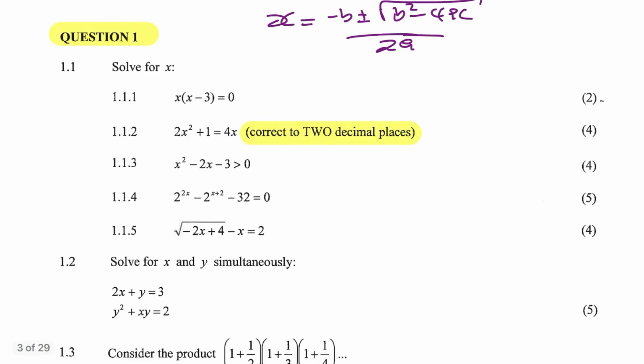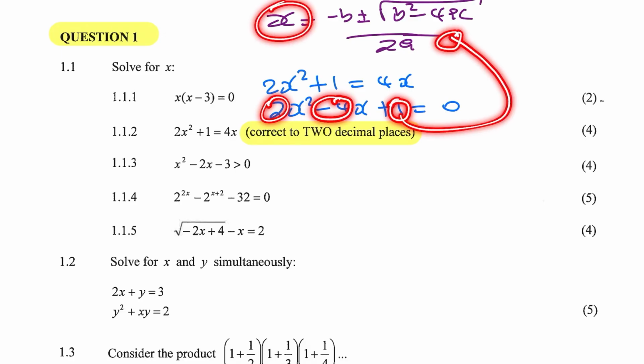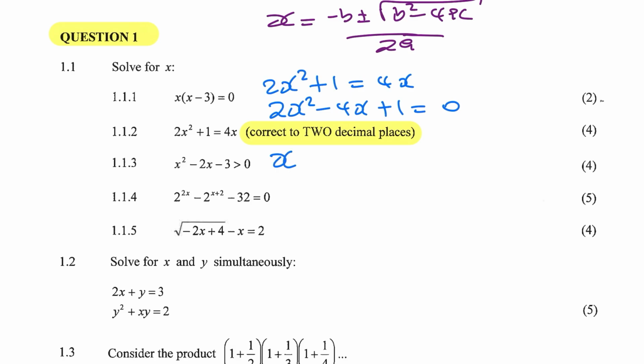Okay, that's what you're going to be using. And how do we do that? So you have 2x squared plus 1 is equal to 4x. This could be written as 2x squared minus 4x plus 1 is equal to 0. Okay, of course, this is your a value, this is your b value, this is your c value. You substitute in this equation, and then you solve for x.